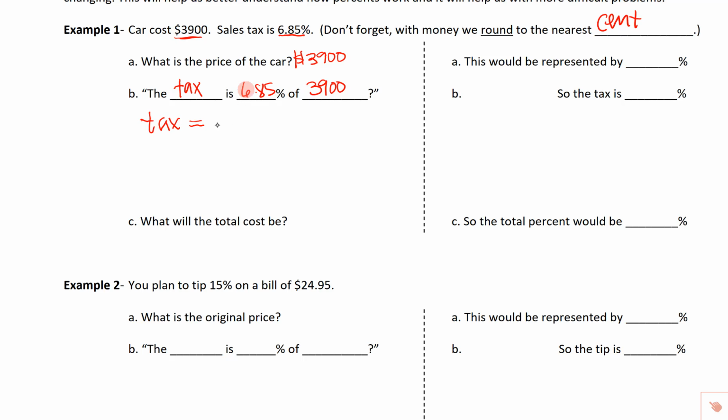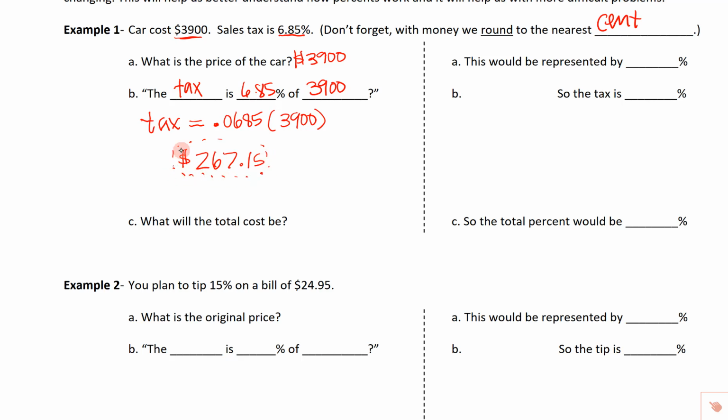That gives our tax in decimal form is 0.0685 of, so we're going to multiply it by 3,900. All right, and then you can type that in your calculator, and it should give you that the tax is $267.15.